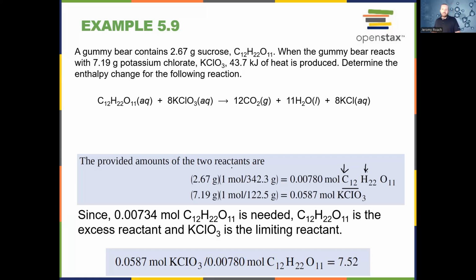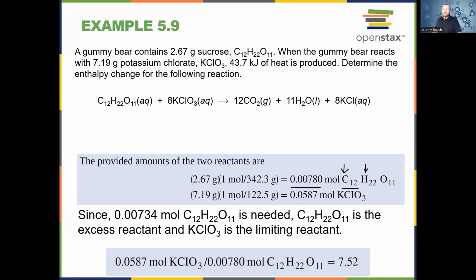So that's the molar mass of sucrose. And we have 2.67 grams of sucrose. We're going to divide that by the molar mass, and that tells us how many moles of sucrose we have. We have 0.0078 moles of sucrose. We're going to do the same thing for potassium chlorate.